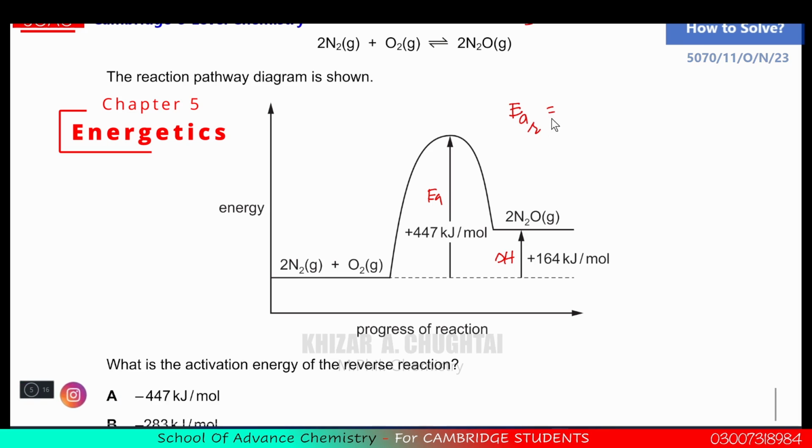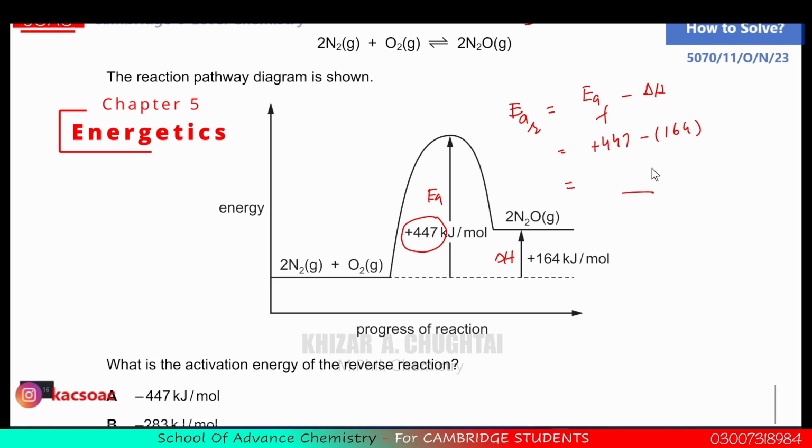EA reverse is equal to EA forward minus delta H. EA forward is plus 447, minus delta H, which is 164.